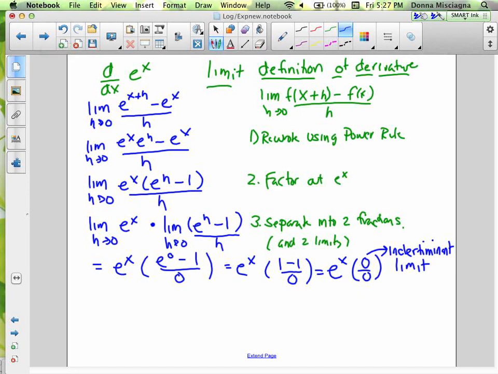So then we need to evaluate another way. Well, you might be thinking, okay, what tools do I have? Multiply by the conjugate. Now, you can try that, but you're going to get something worse, and you're still going to have an indeterminate limit that you can't fix. Actually, you have no tools in your toolbox right now to work with that limit so you can determine what it is.